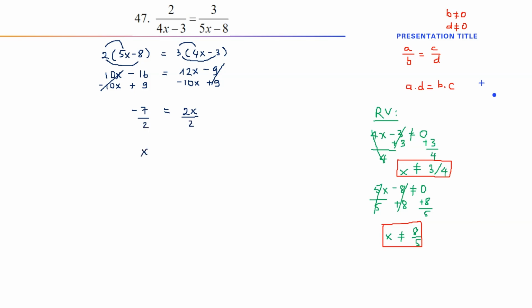We have x equals negative 7 over 2. And we have to check for our restricted values. So negative 7 over 2 is different from 3 over 4, and it's different from 8 over 5, so we are good. This is the answer.